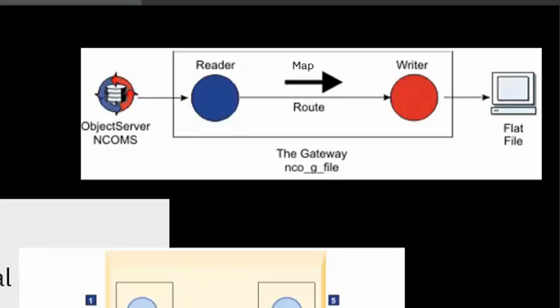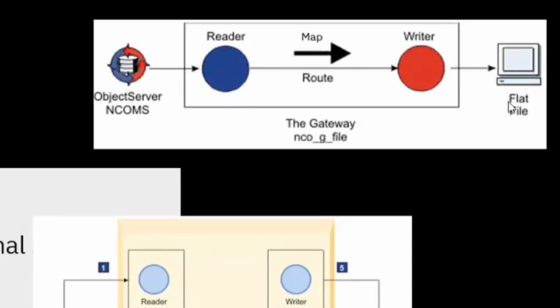Maybe you want to reuse the same filter statement and send the same data to two different targets. That would be a possibility, but I haven't seen that in practice anywhere. So this is what we call a unidirectional flow. You send in one direction from the object server over a reader, using the mapping, using the writer to a target. So this is a unidirectional integration.